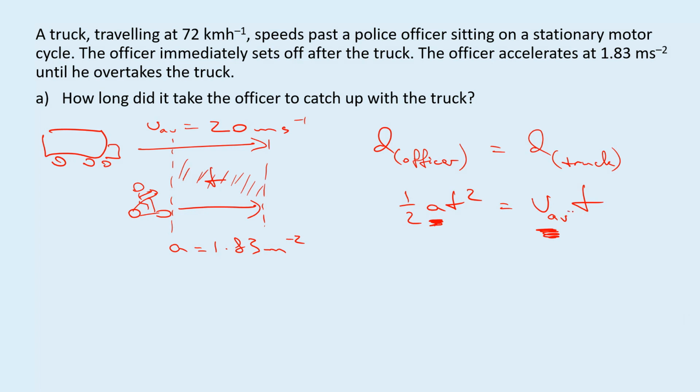Let's take this one across to the other side of the equals, and that will cancel out this squared because we'll be dividing by t. And we'll take the a across this side of the equals. So when all said and done, what we have is that t is now equal to 2 times the average velocity divided by the acceleration.